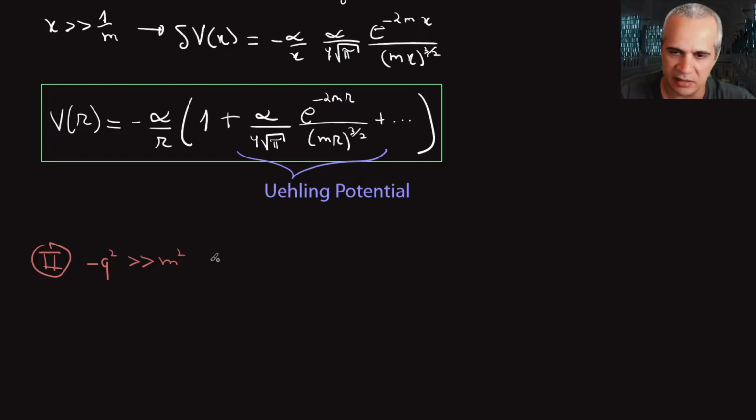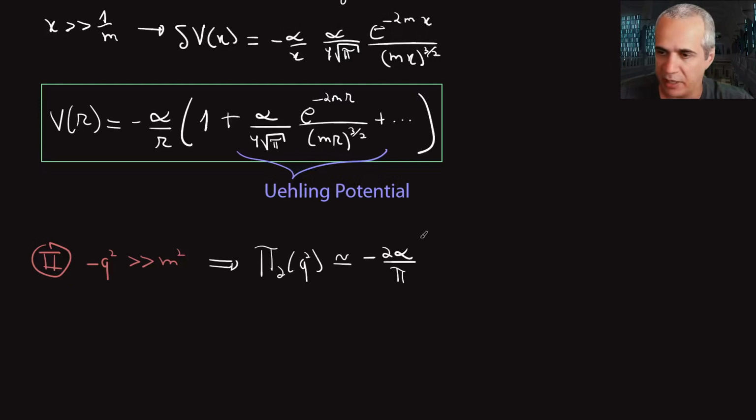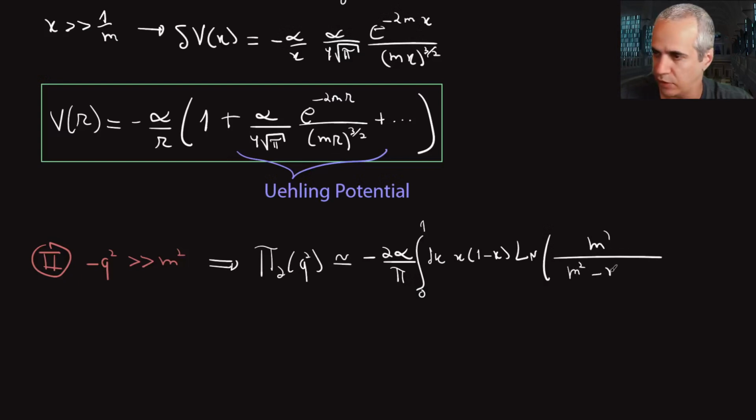So in this case, it's easier to just stay in momentum space and calculate this guy directly. So for a big Q square, this guy will be approximately, again, using the same expression we started with, minus 2 alpha over pi, integral from 0 to 1, dx, x, 1 minus x, and then we have the logarithm of m square over m square minus x, 1 minus x, q square.